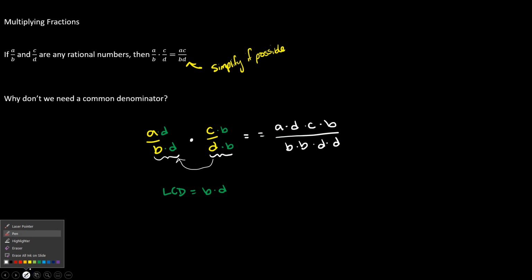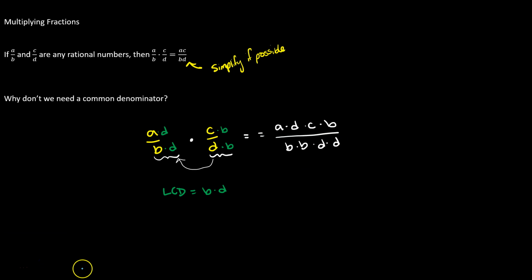And remember that when we simplify our fractions, if there's any matching factors on the numerator and the denominator, we can divide them off. I have a b on bottom and a b on top, so I can divide those off. I have a d on top and a d on bottom, so I could divide those off.